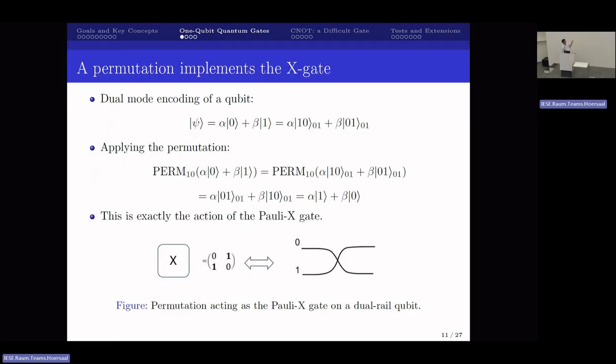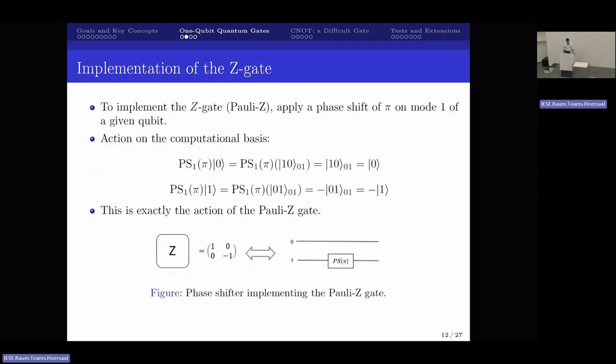If we apply a permutation onto this superposition state, we just have to swap the photon numbers in both components of the sum, and we instantly get the reversed qubit state, the result of a Pauli X gate, because you swap the probability amplitudes of ket 0 and ket 1. So that was quite easy.